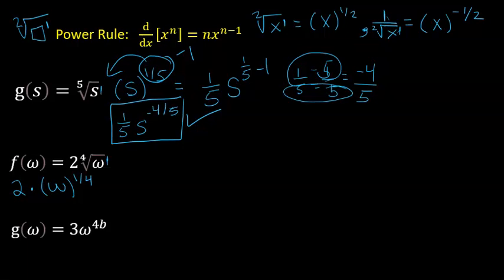And this is just the setup. I haven't done any math yet. But let's go ahead and start doing the math. I'm going to take that nth degree, throw it in the front, and subtract 1 from it. What does that give me? It gives me 2 times 1 over 4 w to the 1 over 4 minus 1.